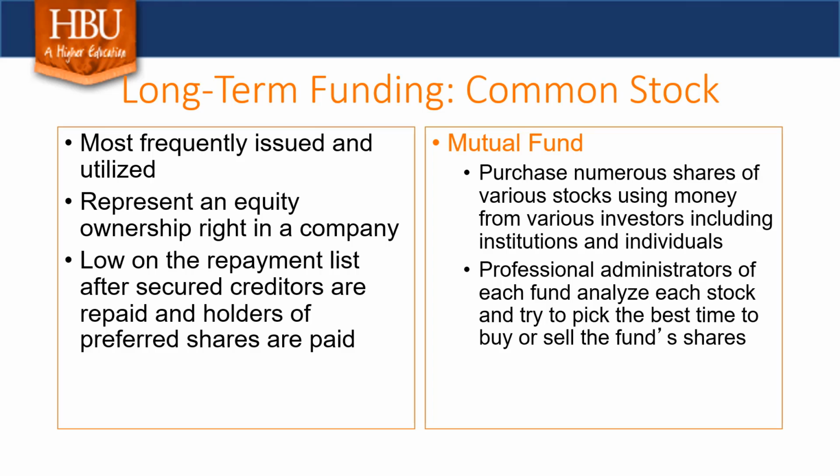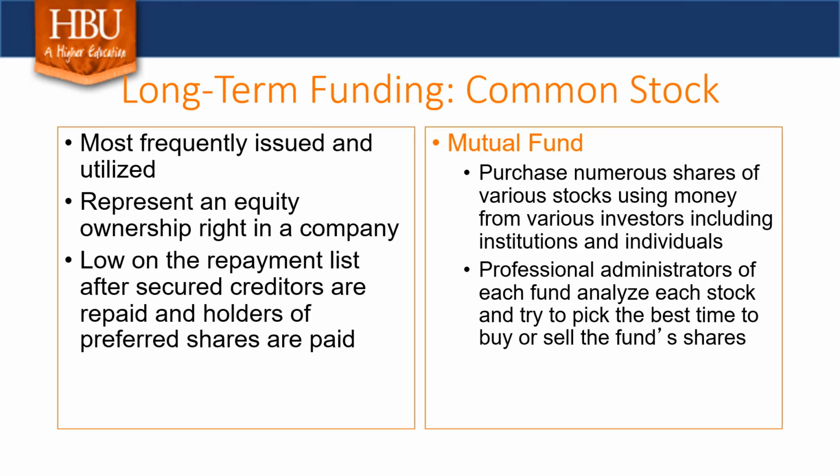We also see common stock utilized in mutual funds. What is this? Mutual funds purchase numerous shares of various stocks using money from different investors, including institutions and individuals. Oftentimes you might find that retirement of individuals is done through this kind of mutual funding. Again, a mutual group of people invest in various stocks.